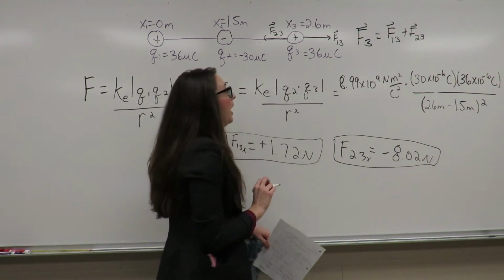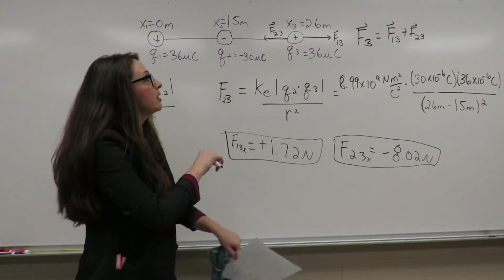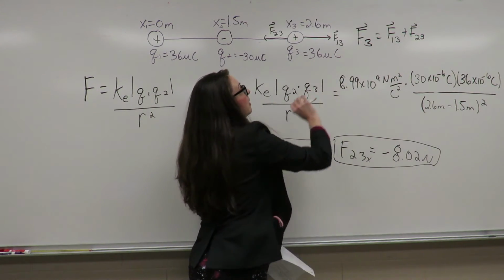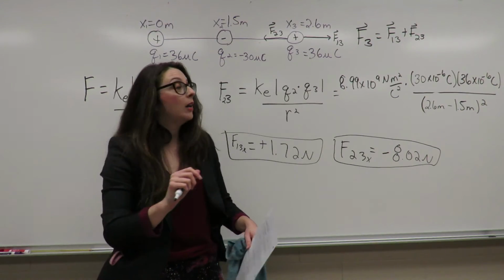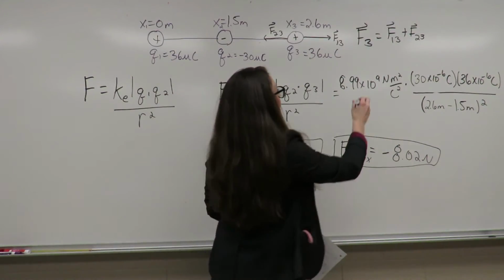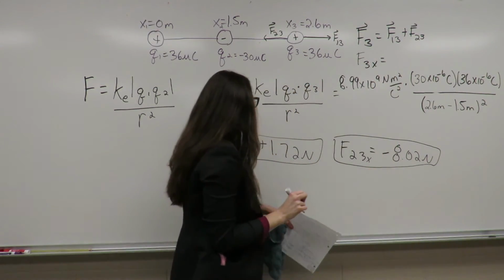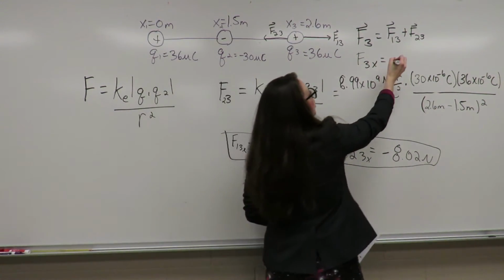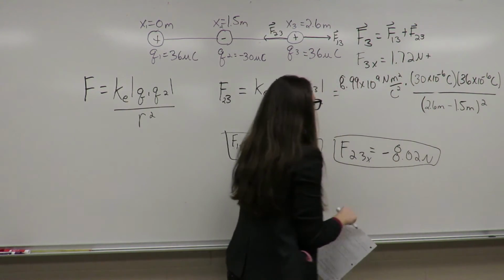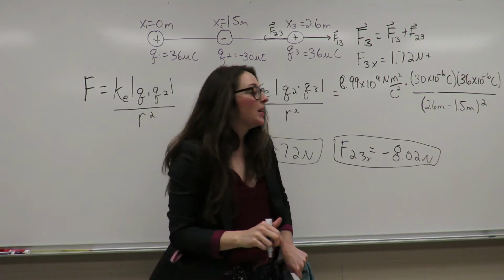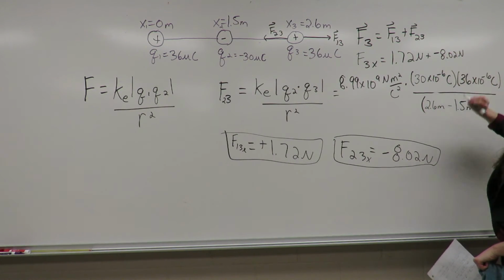Now we can use these two components of our forces and sum them up in order to get the magnitude of the force acting on charge 3. If I go back up here, F3x is going to equal F13x, so 1.72 newtons, plus negative 8.02 newtons.